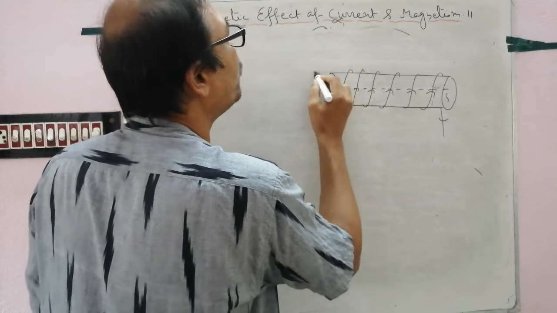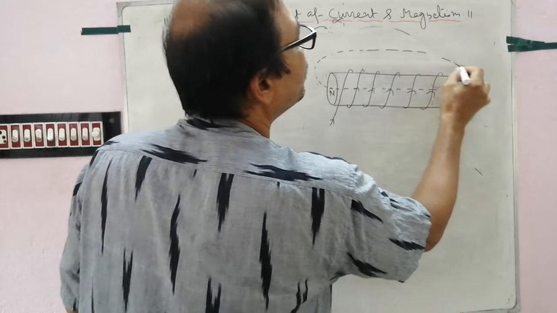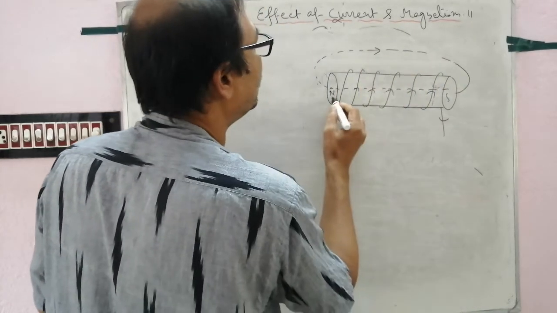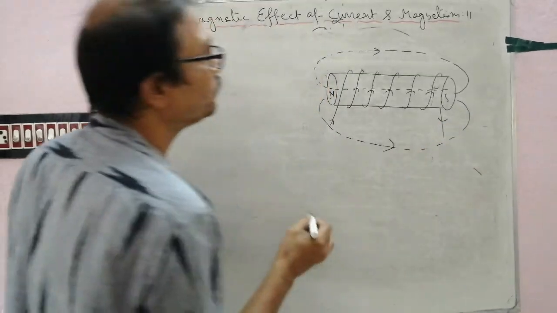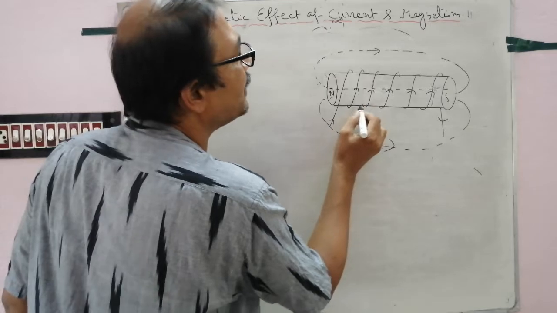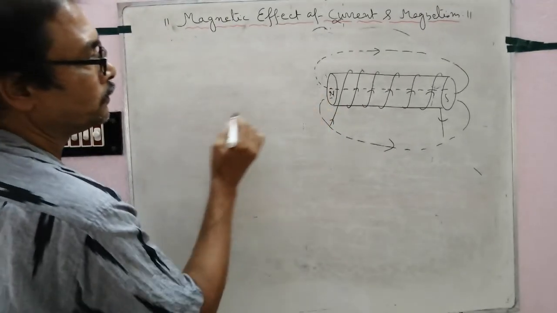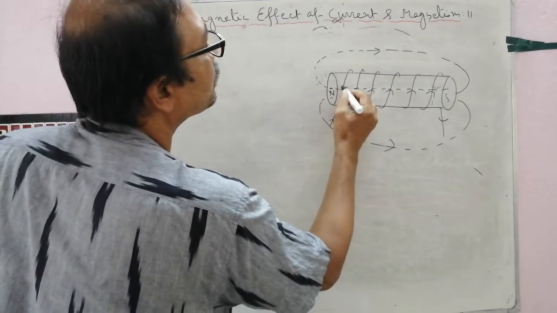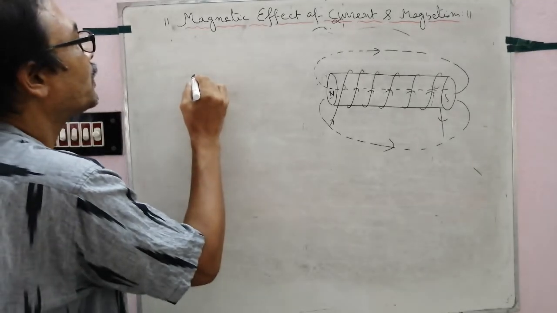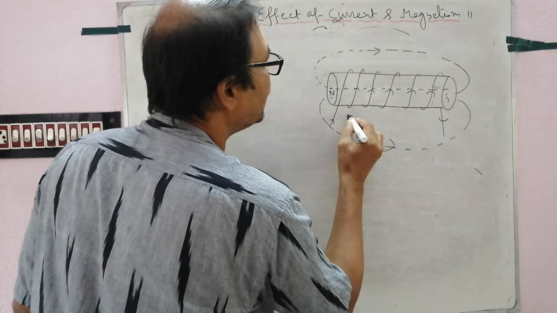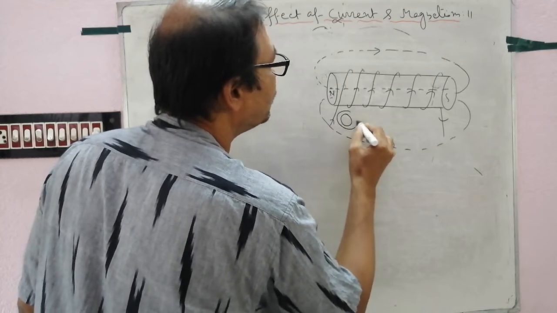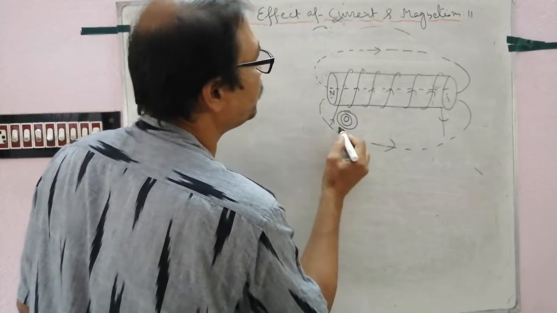So the magnetic lines of force go in this way. Follow the portion outside, the magnetic lines of force.